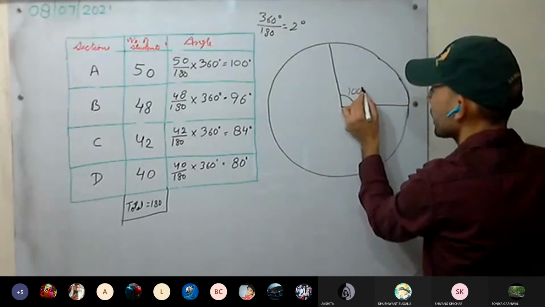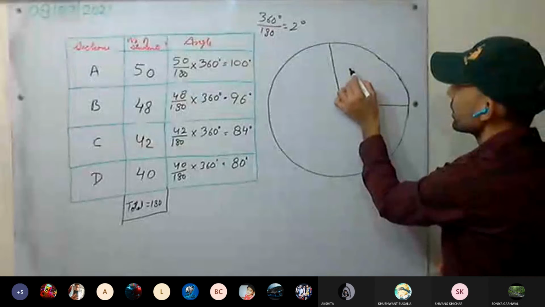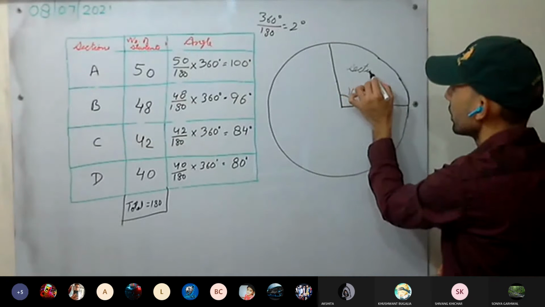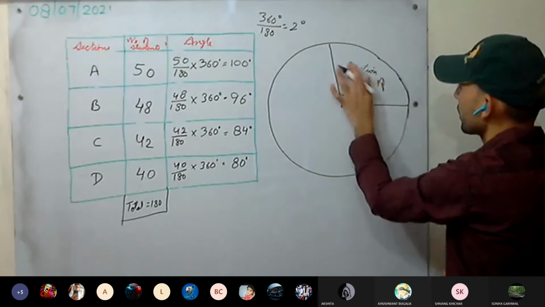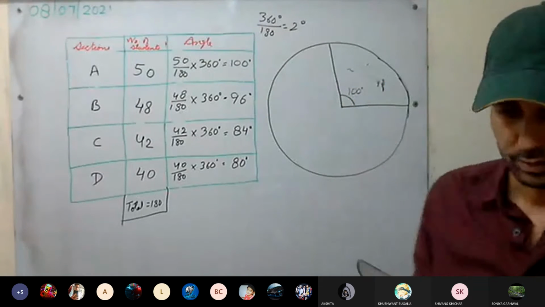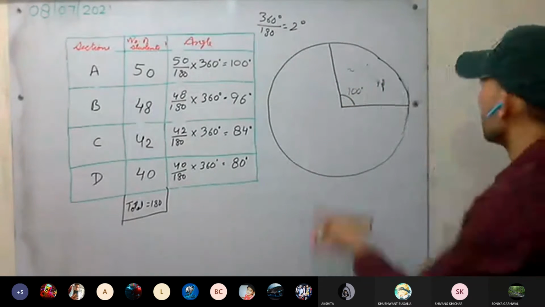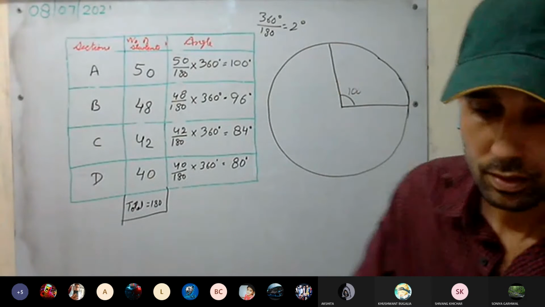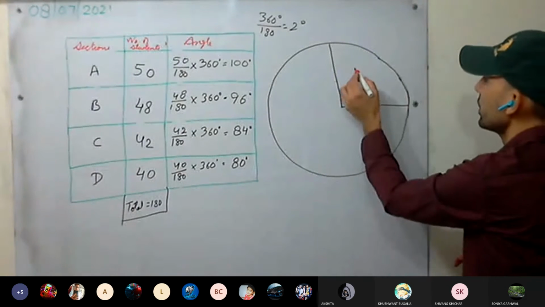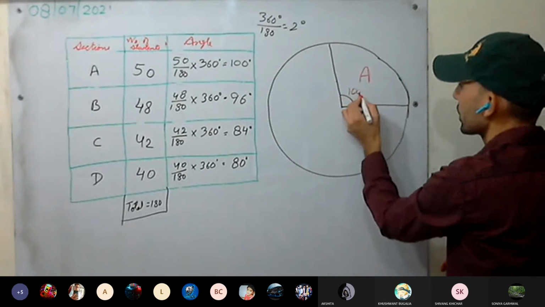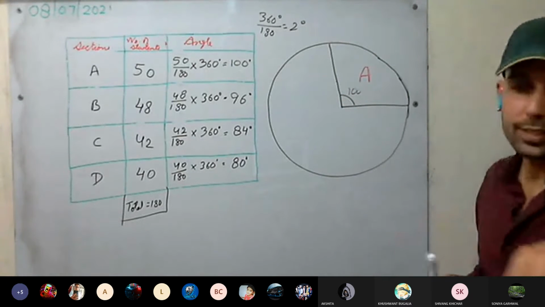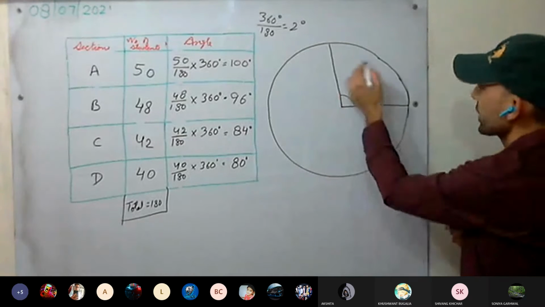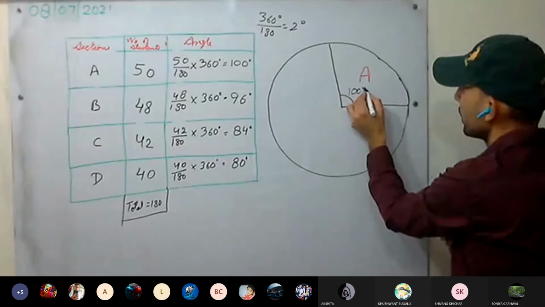This is 100 degrees and it represents a section. Okay, we write with a different pen. It represents which section? A. I write A only. So the first 100 degrees represents section A. You can write section A as well, or A is fine.